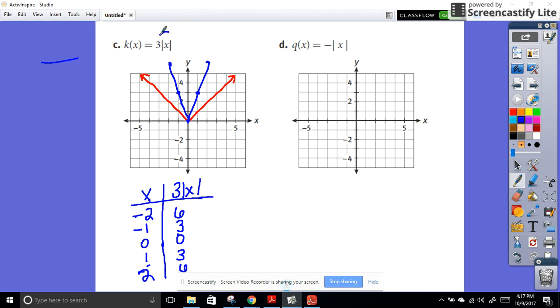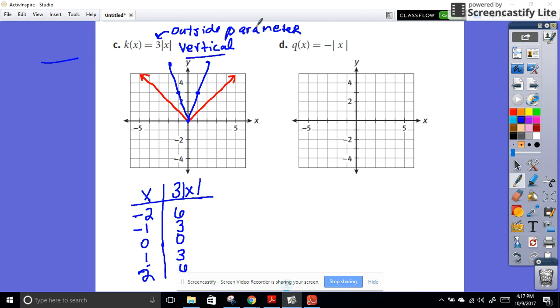So let's talk about this parameter change. It's an outside parameter change. So we know it's going to cause a vertical change. Outside always matches with vertical.